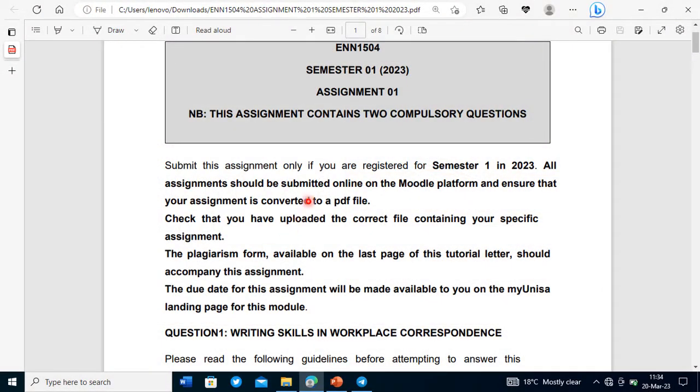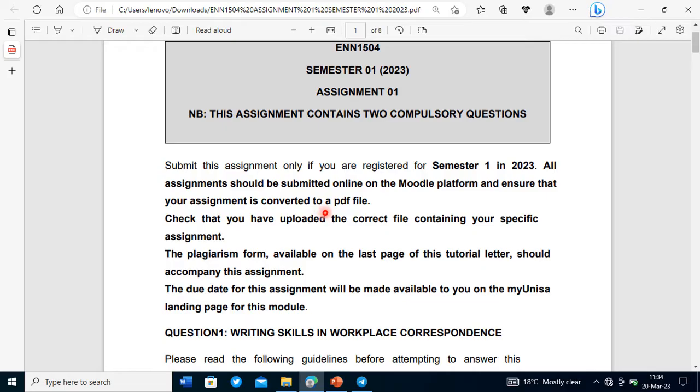So as you can see, ENN 1504, and I will only touch the most important parts. The assignment should be submitted online on the Moodle platform, and you should convert it into PDF. If you convert it into a Word document, or any other document except PDF, it's not going to be marked.